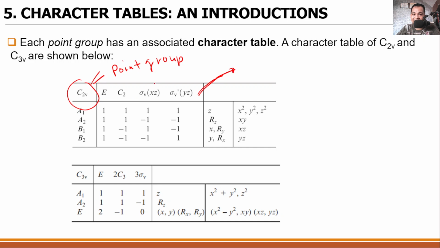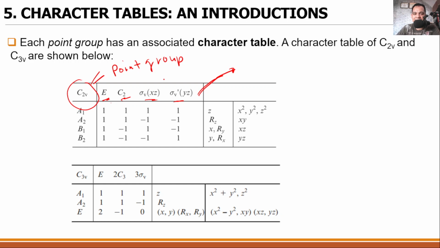We have symmetry elements here: we have E, we have C2, we have sigma v.